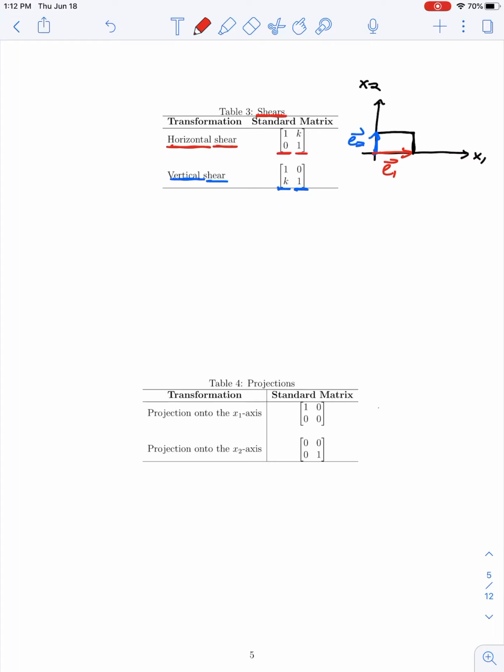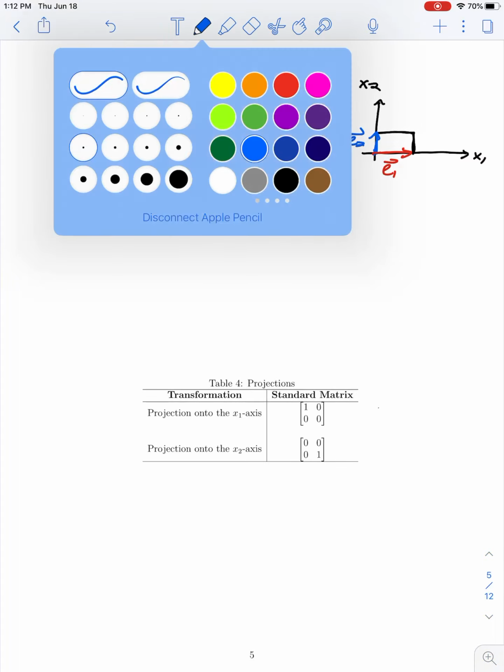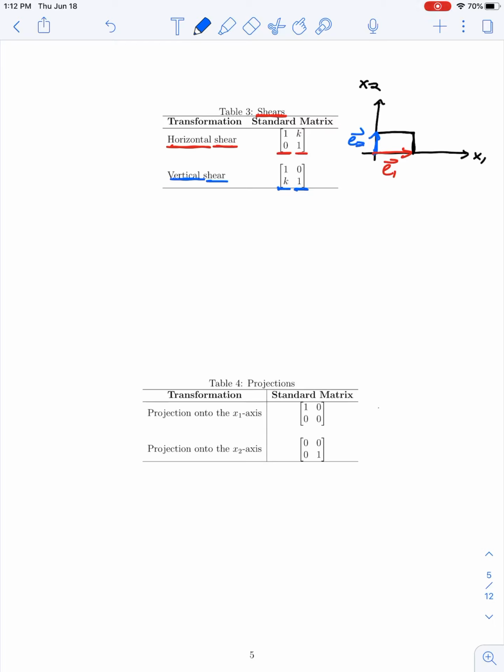So its vertical direction is the same, but its horizontal direction has been changed by a factor of k. So here we have k by 1, so our image of this E2 vector is the following. Image of E1 is itself.